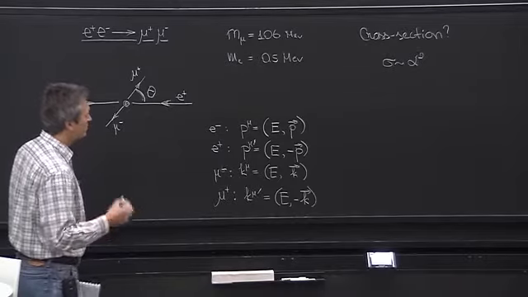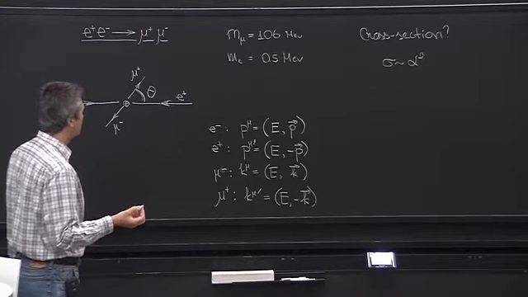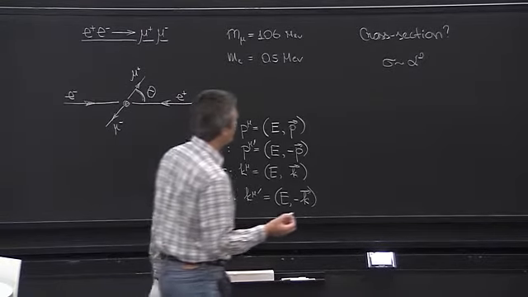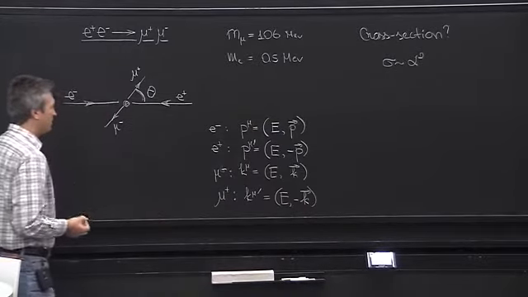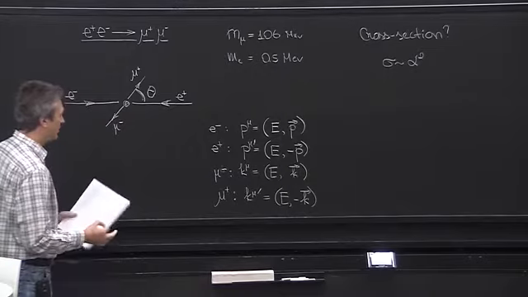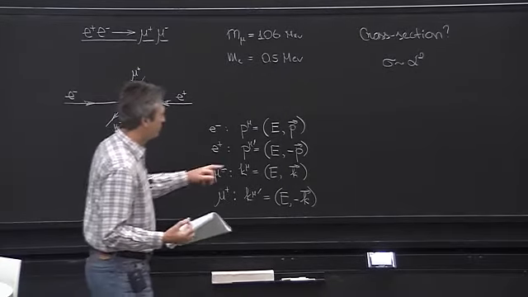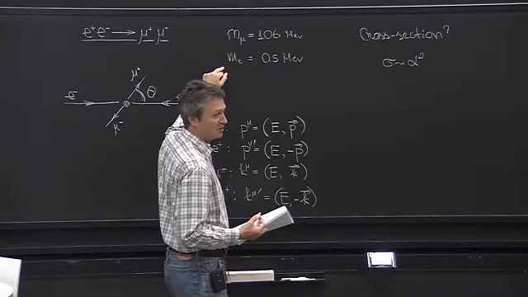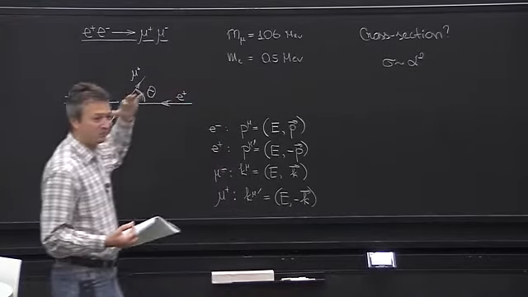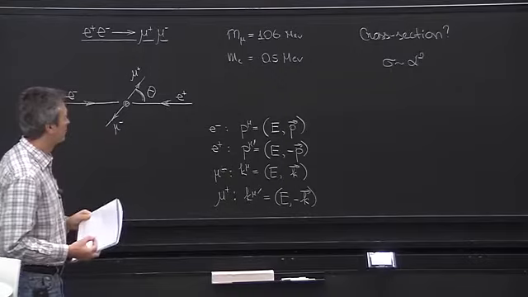So let's do the dimensional analysis. What dimensionful quantities do we have, and what quantities characterize this process? Well, there are three of them: energy and the masses of the particles that are involved in the process.